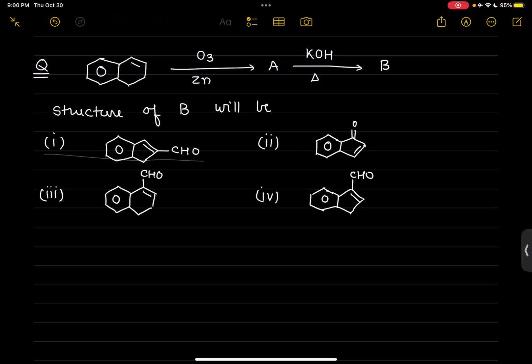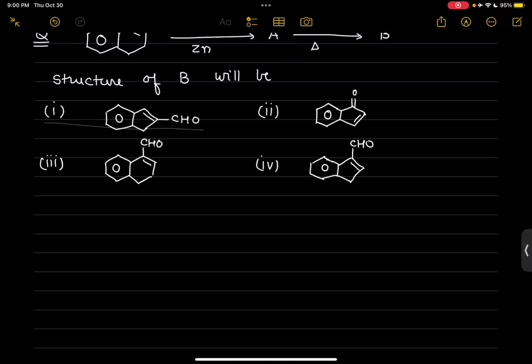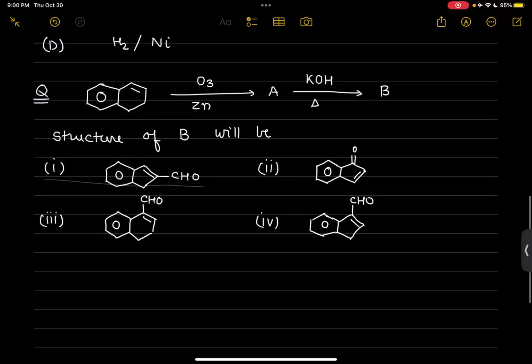So we need to actually look into the structures and check which is the right answer. I hope the question is clear to all of you.